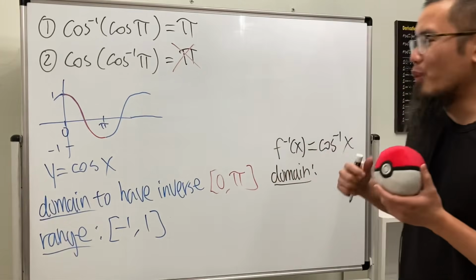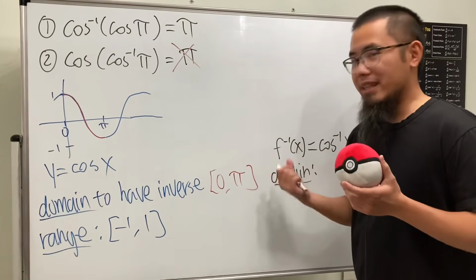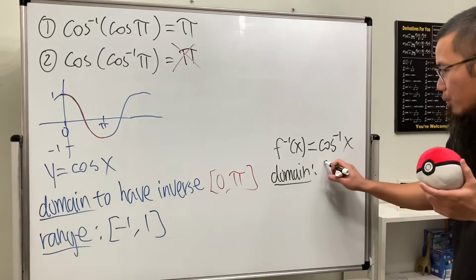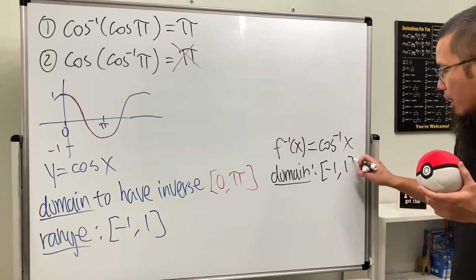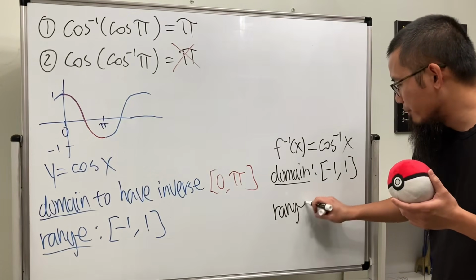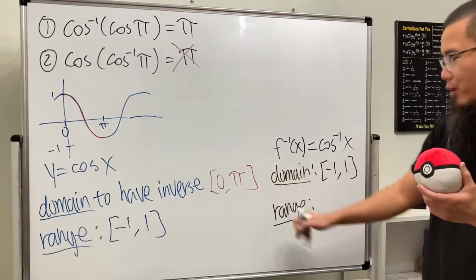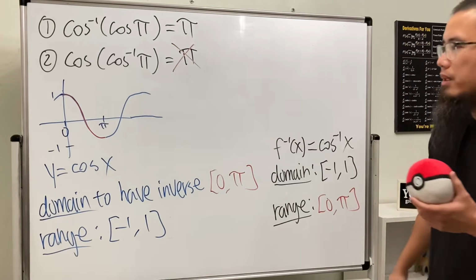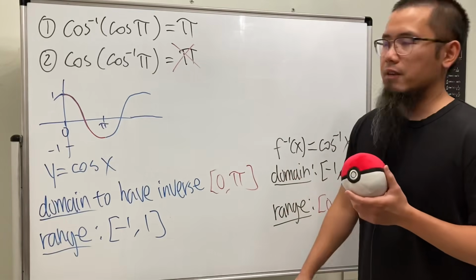And that's the main thing for the original and the inverse. So for the domain of this guy, let's put that down, which is -1 to 1. And then its corresponding range is actually really nice because we have that right here already. It's going from 0 to pi, including the endpoints. So that's what we have.